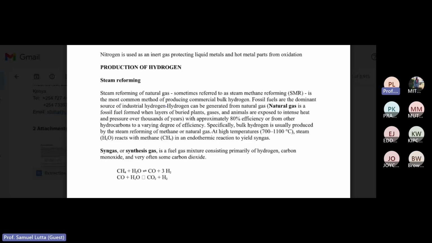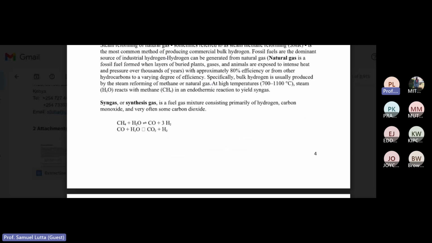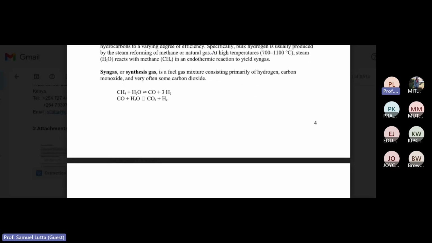Methane is just CH4. What happens is that this methane is reacted with steam. Steam is water at very high temperatures. When they combine, the methane combines with steam to form carbon monoxide plus hydrogen gas.